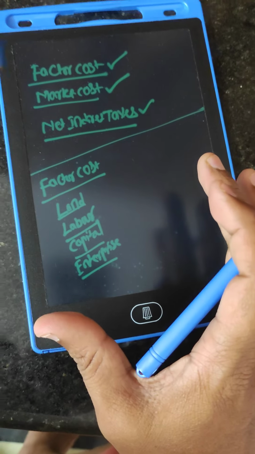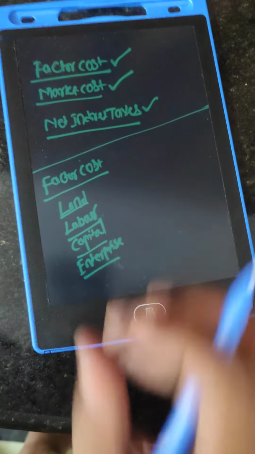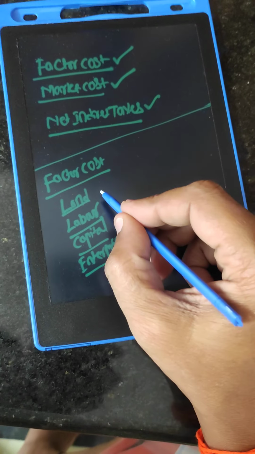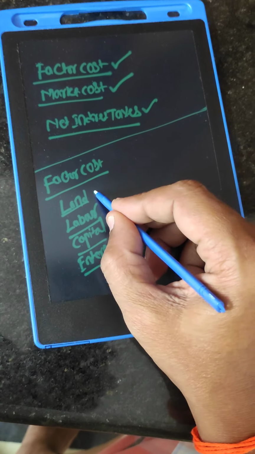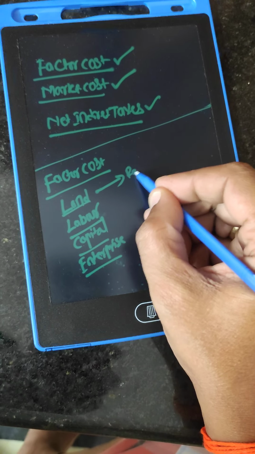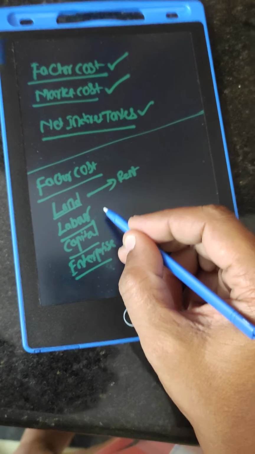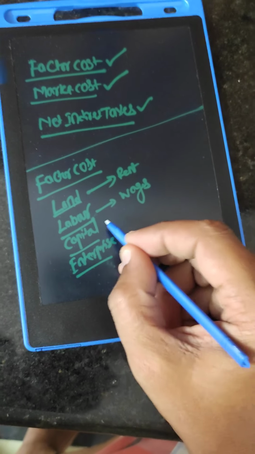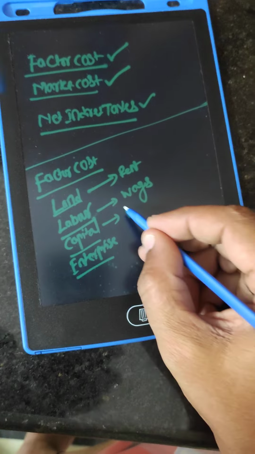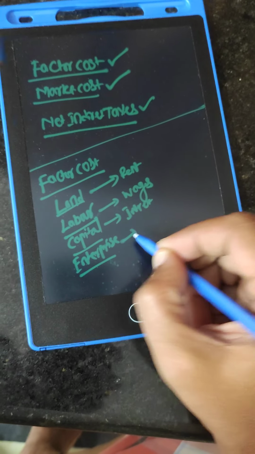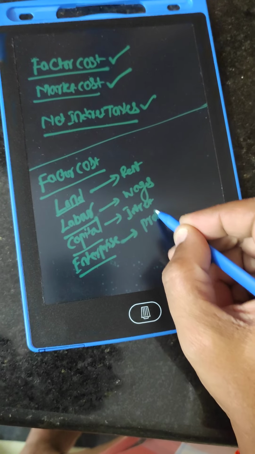For the production, we need these factors, right? For these factors, we have to pay something. Like for the land, we have to give the rent. For the labor, we have to give wages. For the capital, we have to give the interest. And for the enterprise, we have to give the profit.